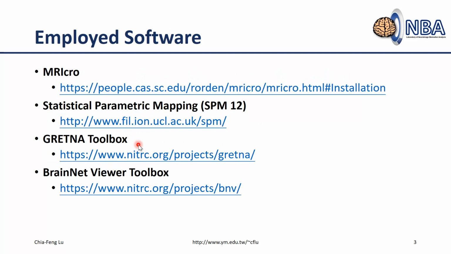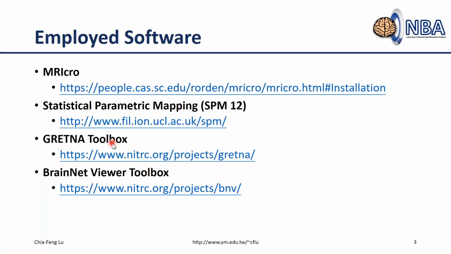The software employed today will include two new toolboxes. The very first one is Gretna. Gretna is a GUI MATLAB toolbox that can help you finish all the image processing and network analysis.